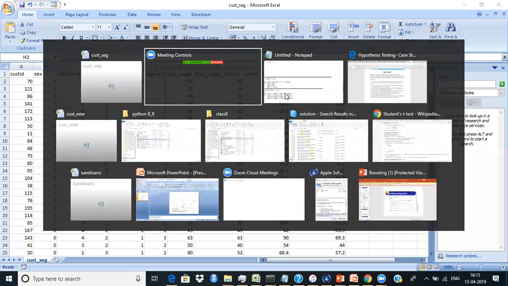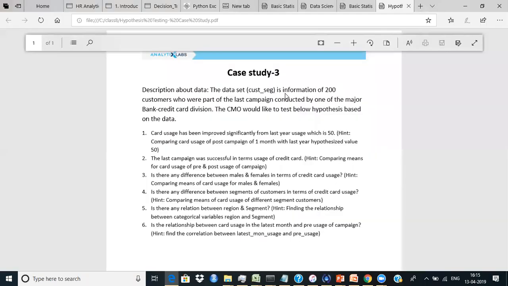Second point, what are we trying to test here? We were trying to test whether the campaign was successful. Successful means usage has increased. So what are we going to test?